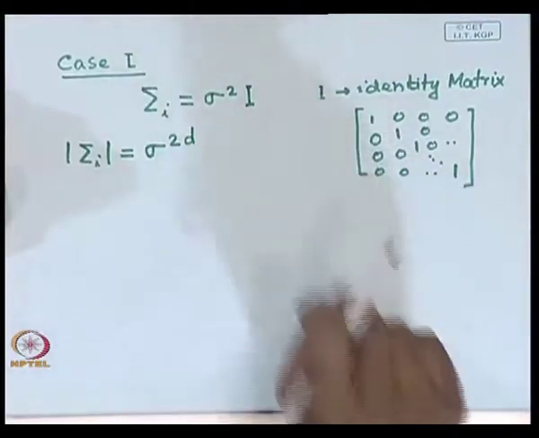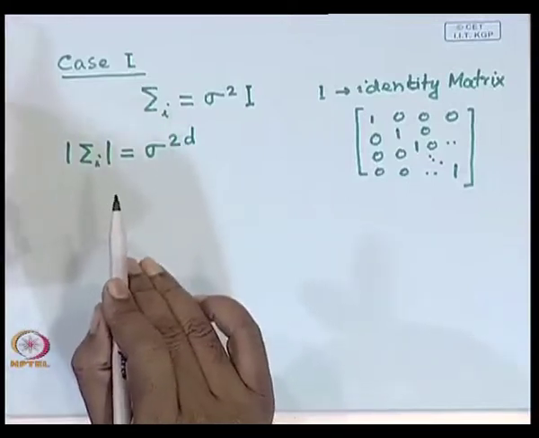So, I have a diagonal matrix where only the diagonal elements are equal to sigma square and the off diagonal elements are all zeros, and I have d number of diagonal elements. So, the value of the determinant is nothing but the product of all the diagonal elements, which is sigma to the power 2d.